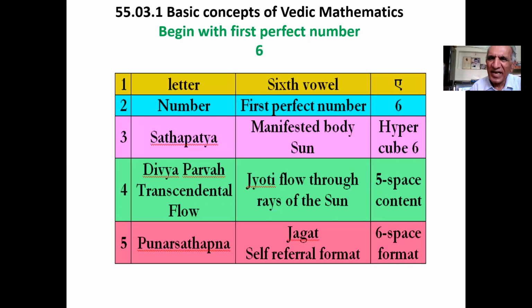Then we reached ahead at Sthapatya geometric formats, and thereafter the phase and stage of a transcendental flow, five space content flow comes. And a step ahead, the fifth fold is of Punah Sthapana. It is a Jagat.